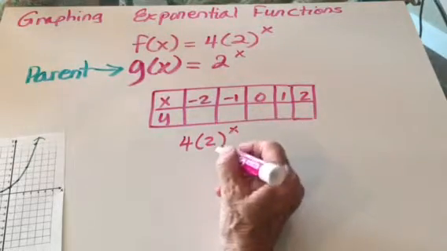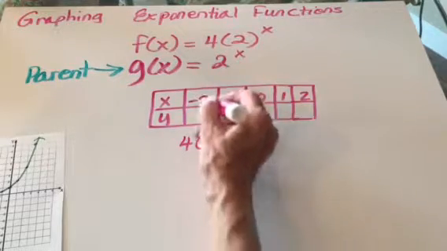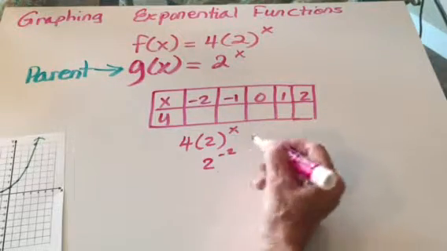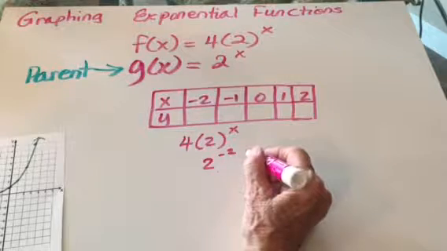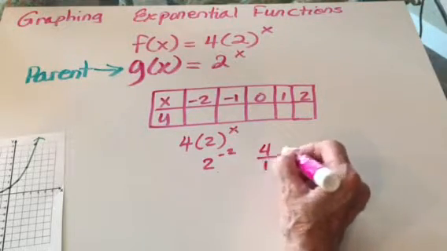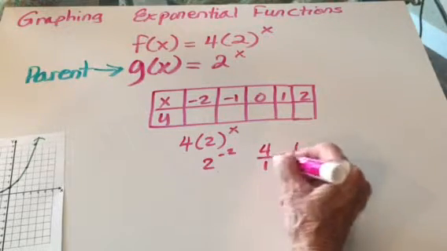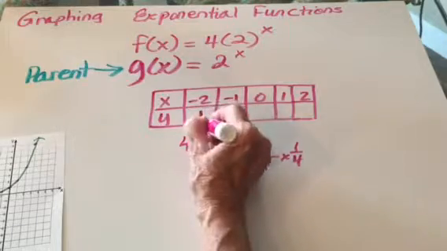All right, now what is 2 to the -2 power? Well, remember, that's 1/4. Well, what is 4 over 1 times 1 over 4? Well, that just equals 4 over 4, which equals 1.